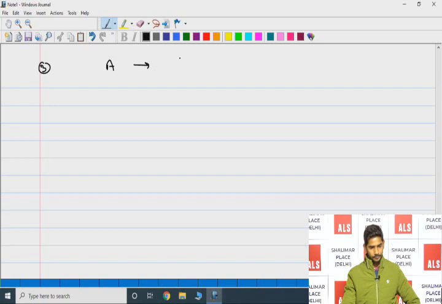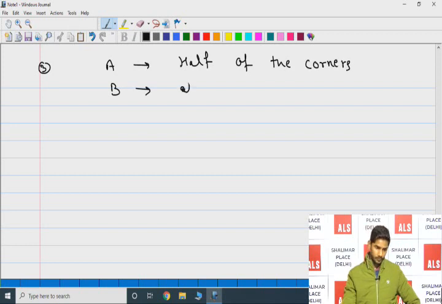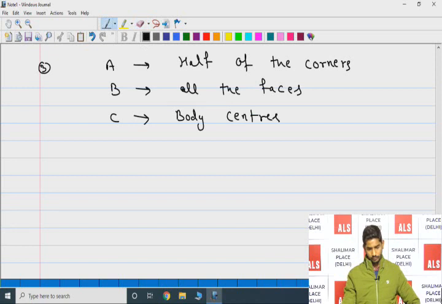A is present at half of the corners. Means A is present at half corners, half of the corners, all the faces, and C is at body center. Determine the formula of the compound. Tell me the answer. What should be the formula for this question?